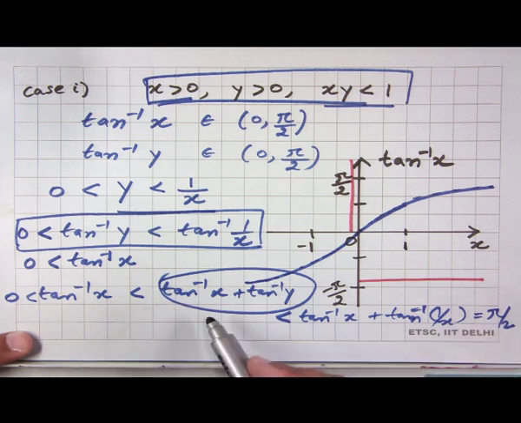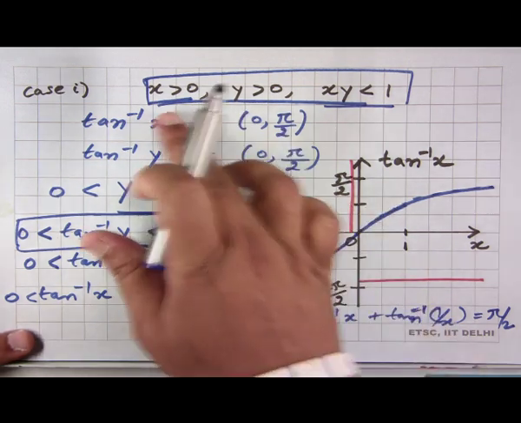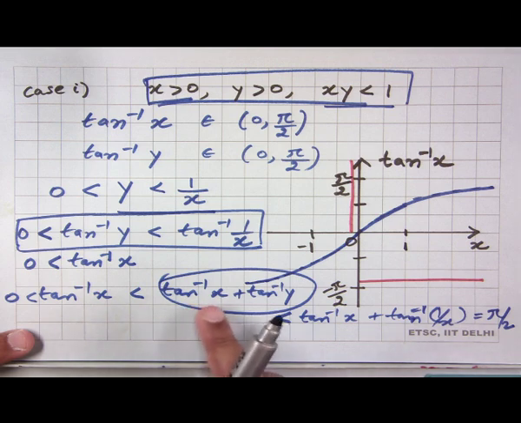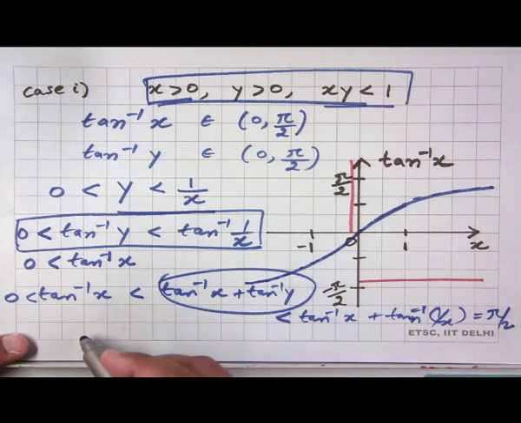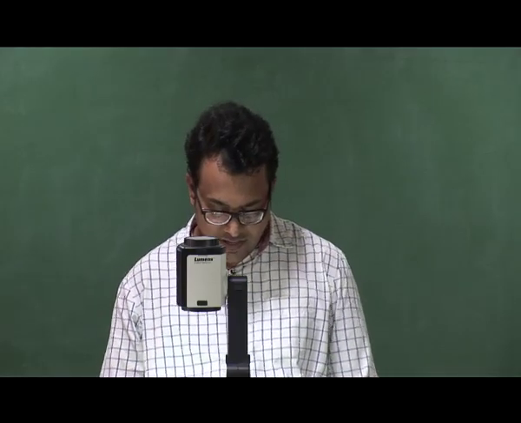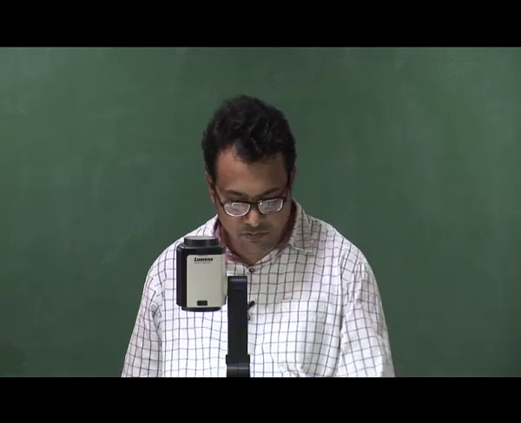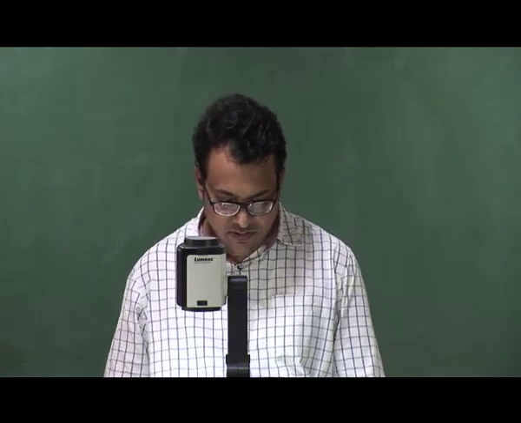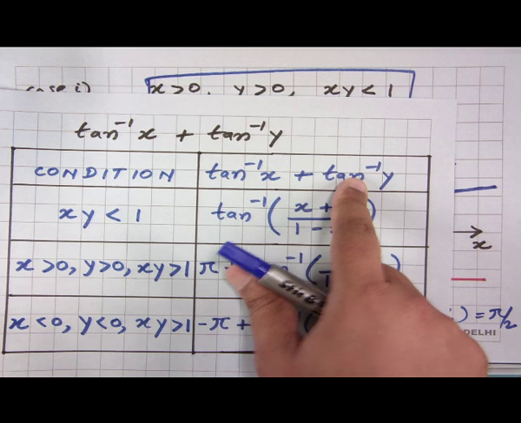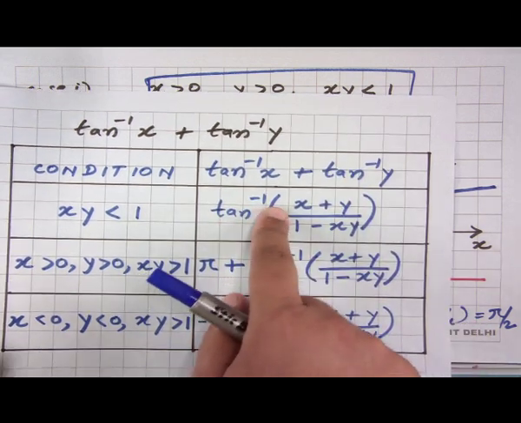So, essentially when x and y satisfy this condition, then the value of tan inverse x plus tan inverse y belongs to the range set of tan inverse, and therefore, because they belong to the range set of tan inverse, tan inverse x plus tan inverse y will be equal to this.